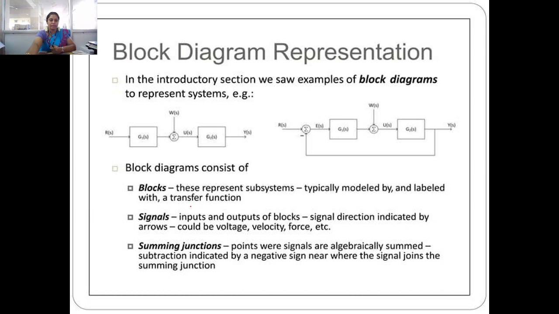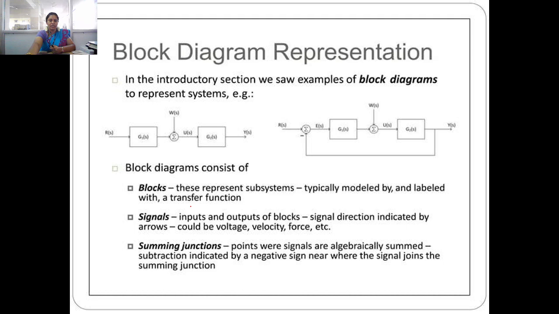Here there are some parts. The first one is a block, which is nothing but a system represented with transfer functions, and it is segregated into some blocks. The next one is a signal, that is your signal going from input to the output blocks, indicated by your arrow marks.